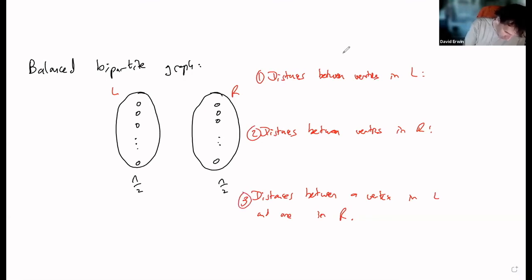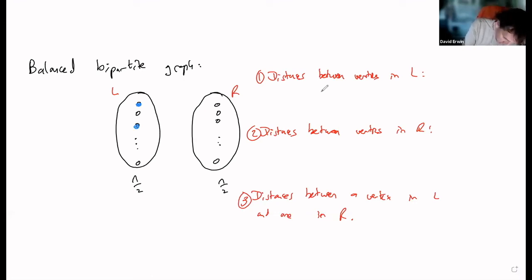So if we take 2 vertices in L, so there they are there, because this is a bipartite graph, as I mentioned previously, that means there are no edges inside the partite sets. So that means that the distance between any 2 vertices in L is at least 2, and there are n over 2 choose 2 pairs of vertices.